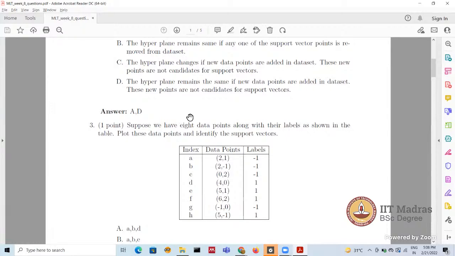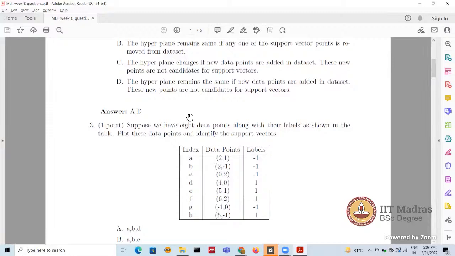Consider these data points as x1 and x2, and the labels are -1 and +1.